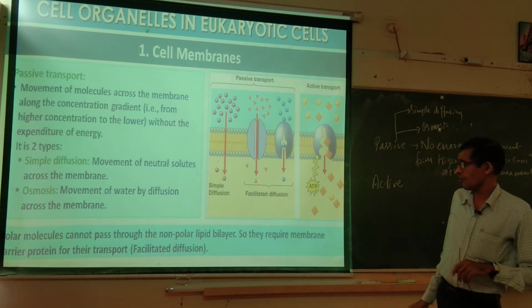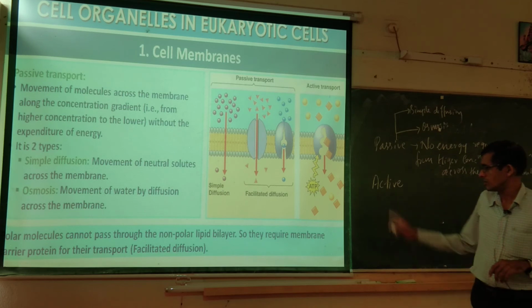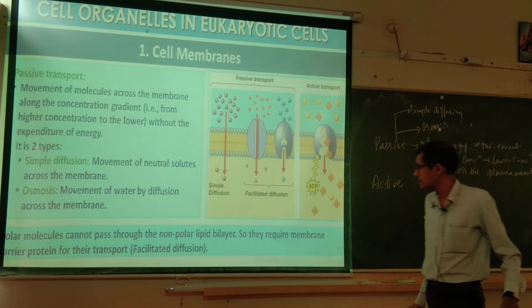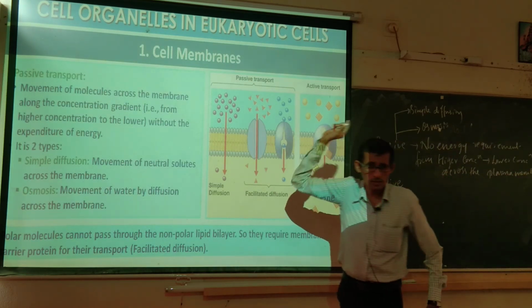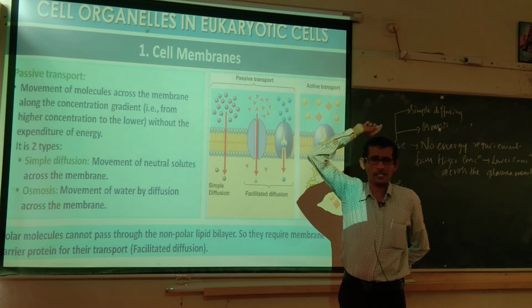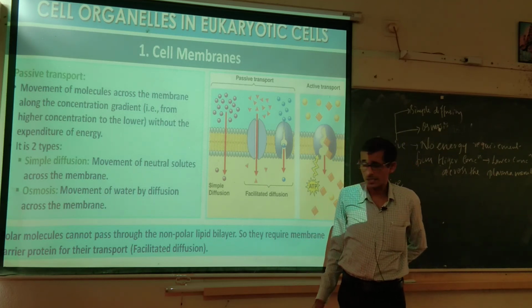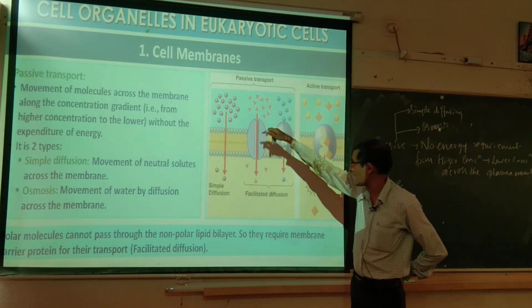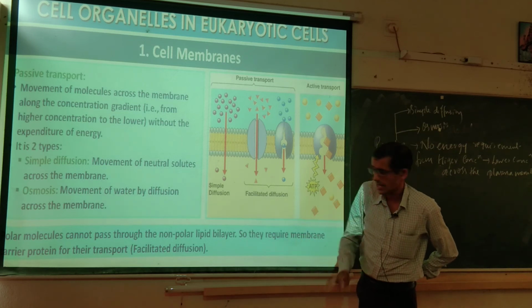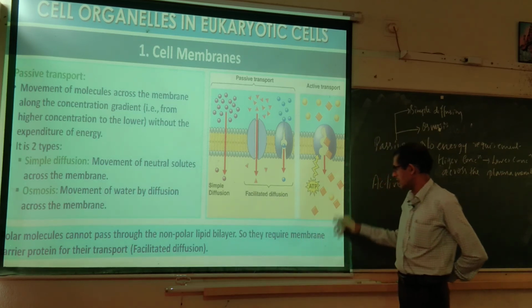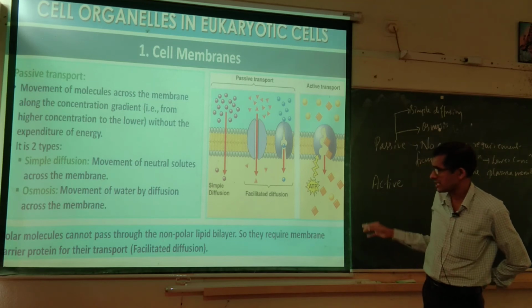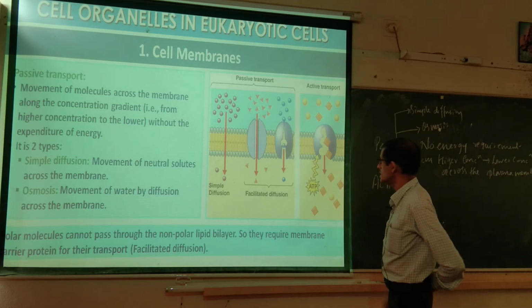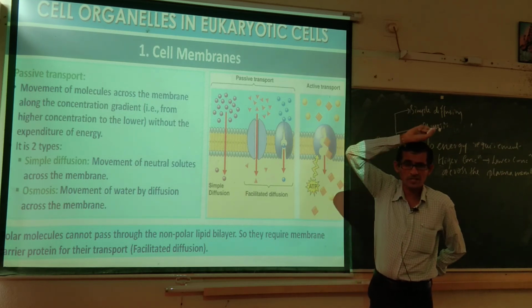Then polar molecules cannot pass through the non-polar lipid bilayer. Polar means charged. This one is neutral, whereas what is not neutral is considered a charged particle. So a charged particle does not pass directly through the lipid bilayer as simple diffusion. So they have the requirement of membrane carrier proteins for their transport. Membrane carrier proteins are there, that is, intrinsic protein channels.